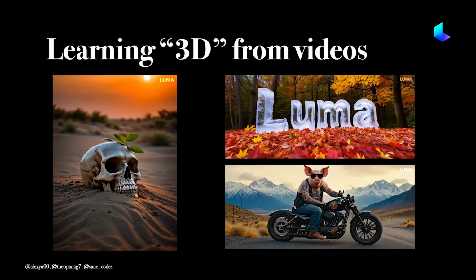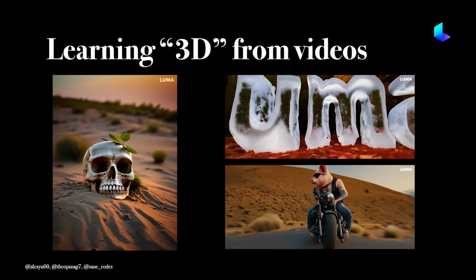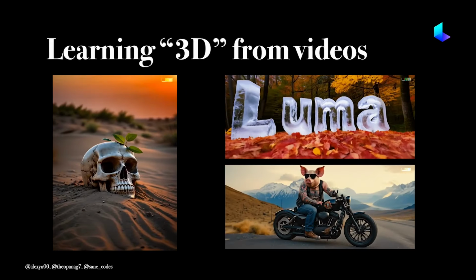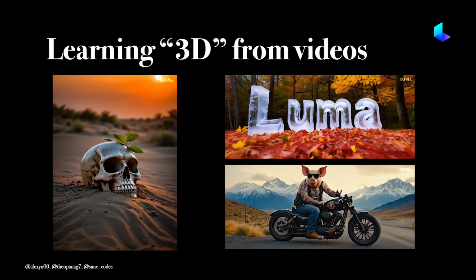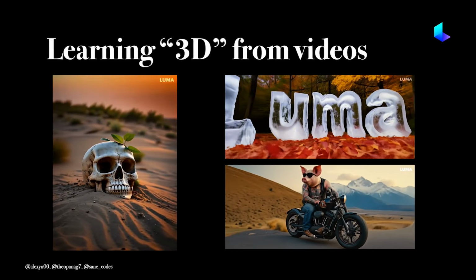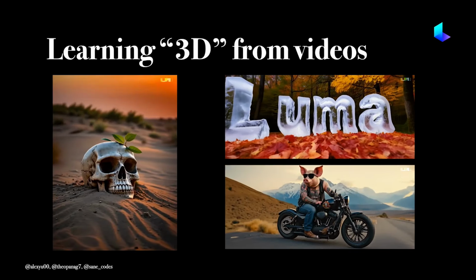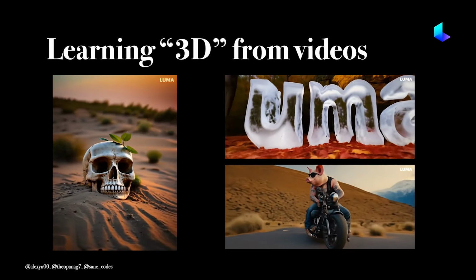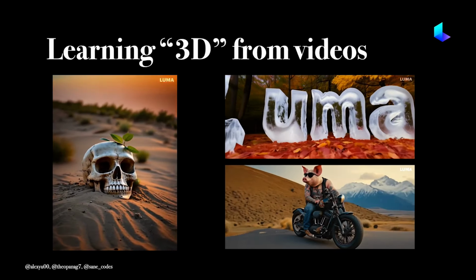The next natural step was to see if we could learn 3D knowledge from videos, because videos naturally have a lot of these innate observations, for example camera movements and object movements. We are hoping a video model can leverage these and learn something 3D about the world.